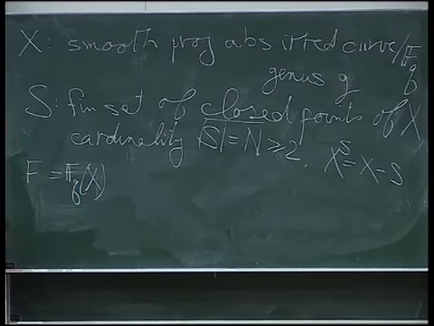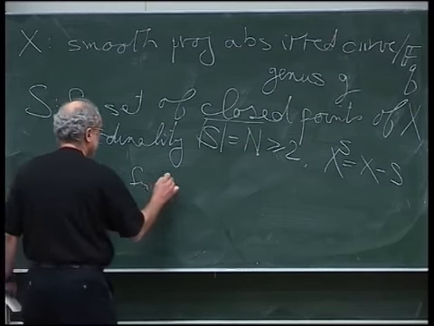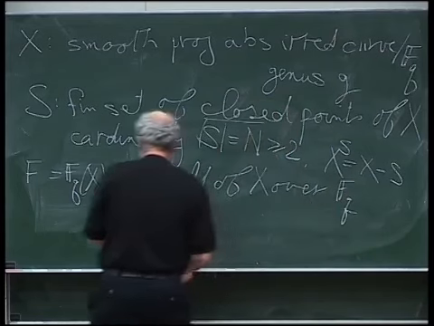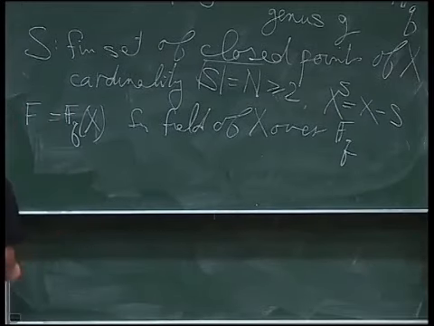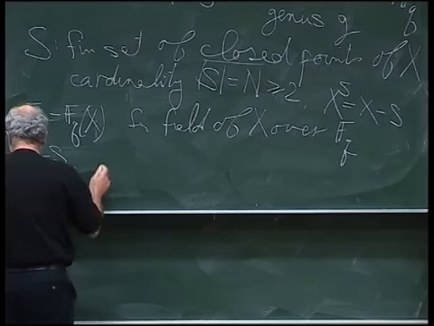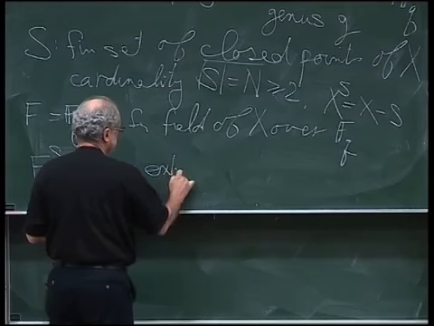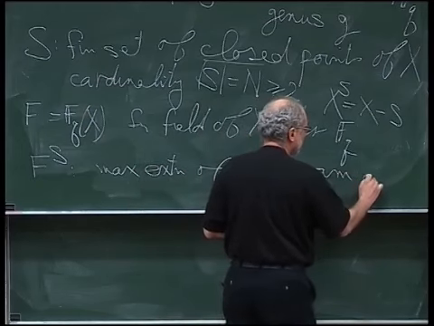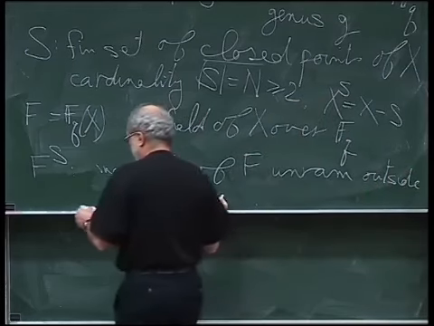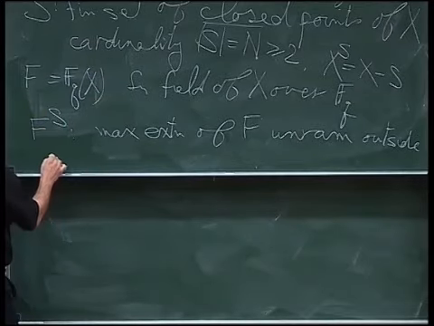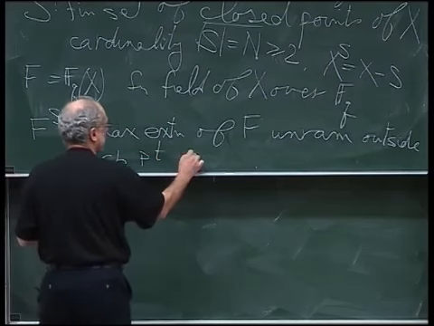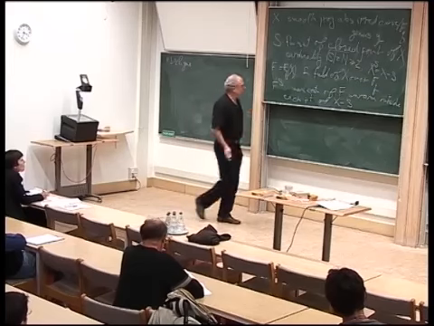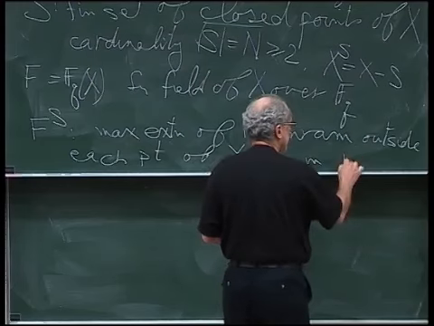Let me denote it by F. So let me write F_S for the maximal extension of this function field which is unramified outside the places S. And this takes place in some separable closure of the field F, so in this F bar.